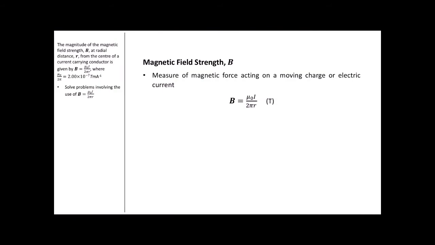Anyway, the magnitude of the magnetic field strength represented by B at radial distance r from the centre of a current carrying conductor is given by the rule: magnetic field strength equals the permeability of free space symbol times current divided by 2 pi r, and the permeability of free space divided by 2 pi is a constant.